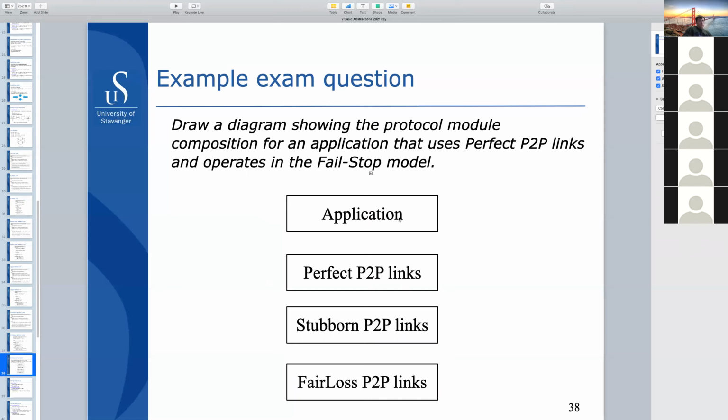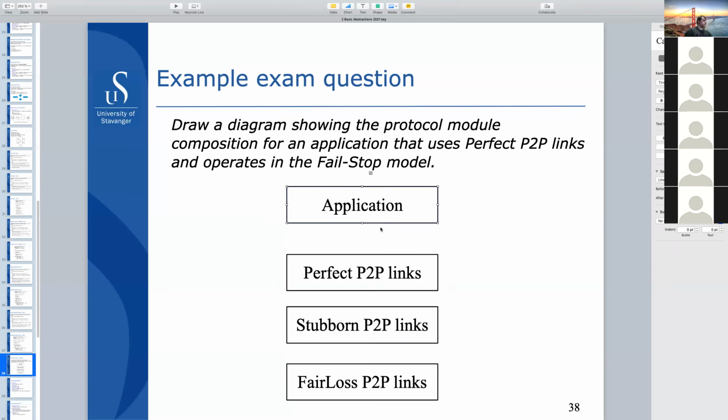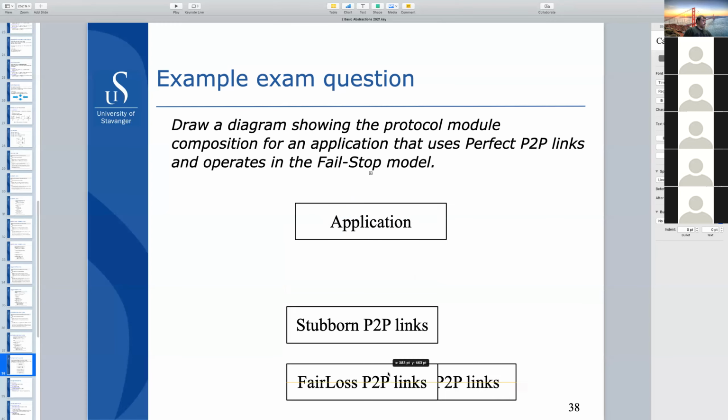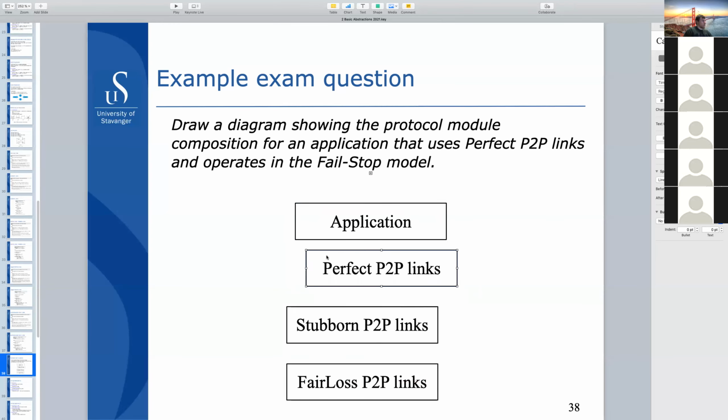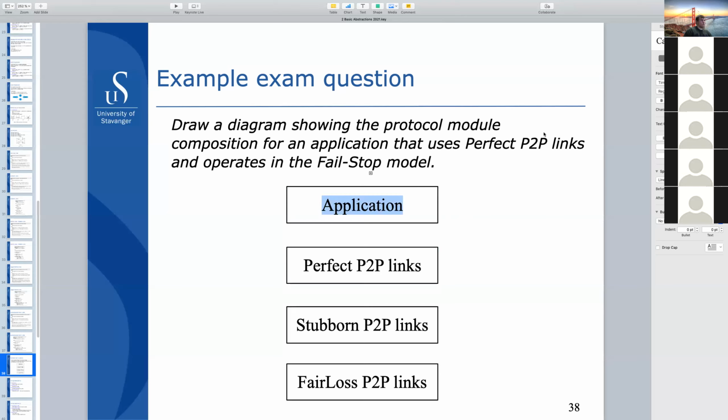So now we have at least the module composition, but we still need to have the events exchanged between the modules here.